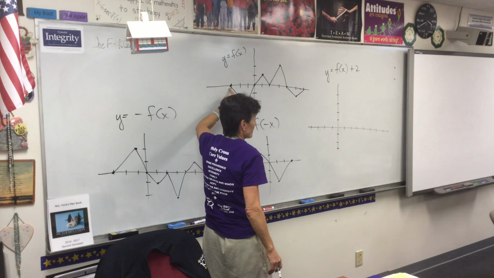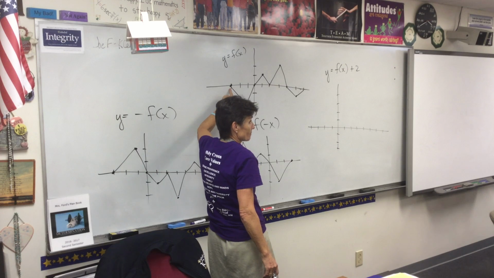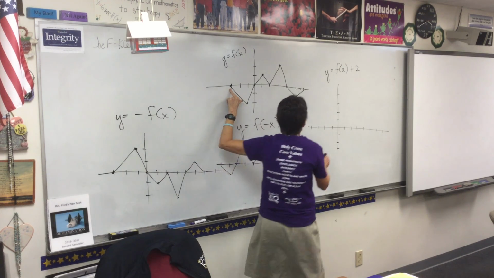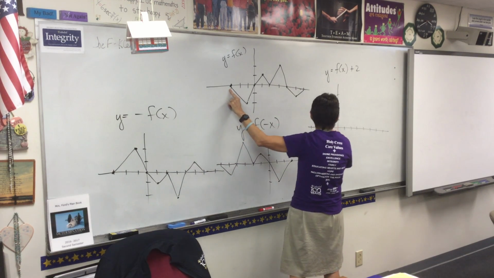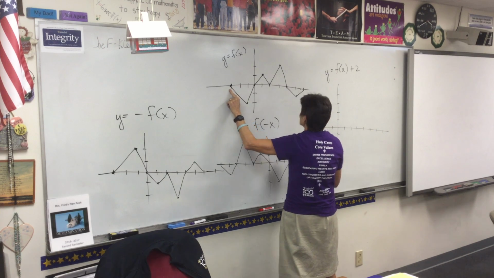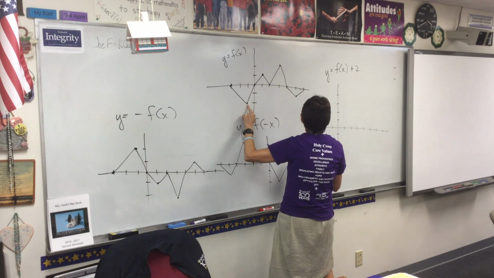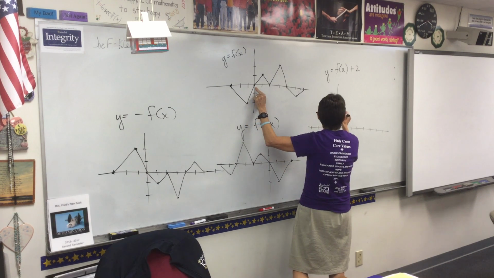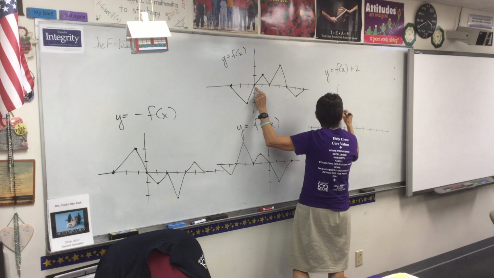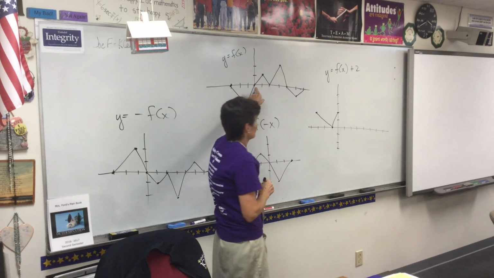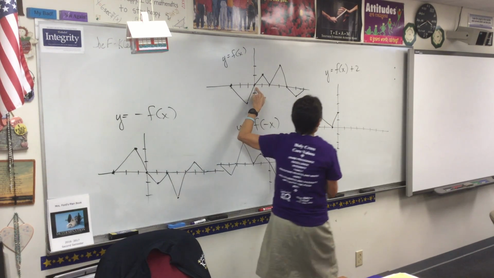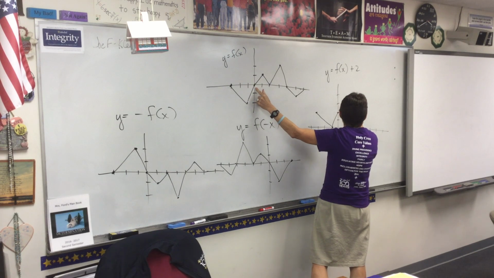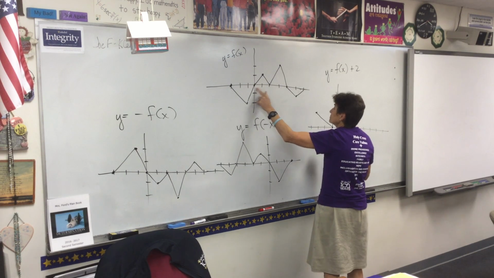So this guy right here is going up 2. Up 2. Up 2. So now that triangle is up here like this. Up 2.